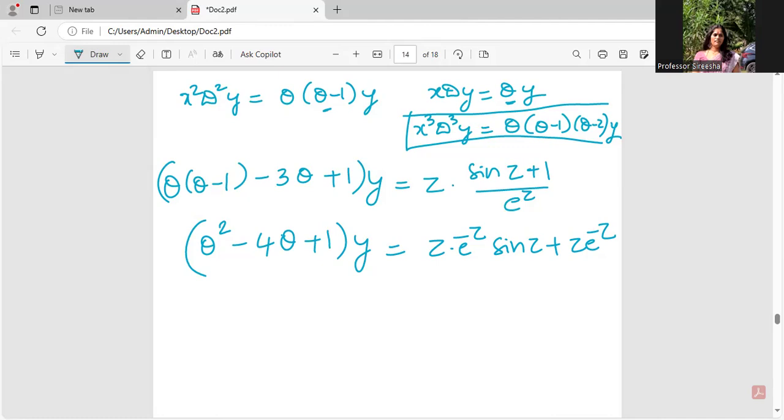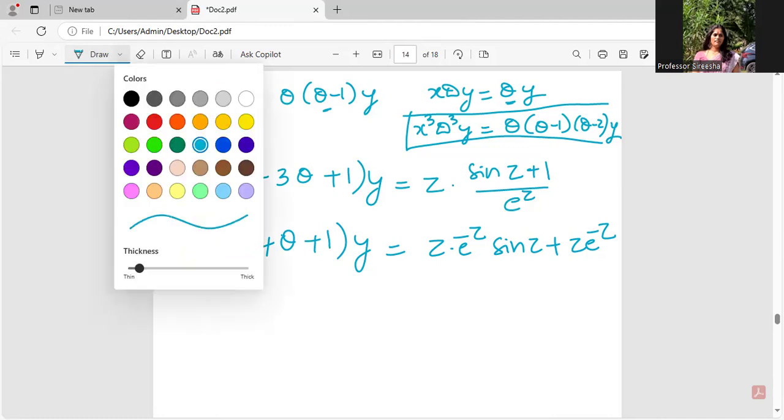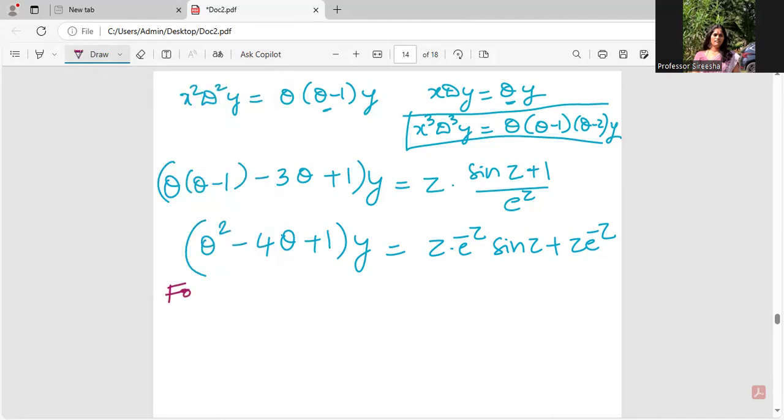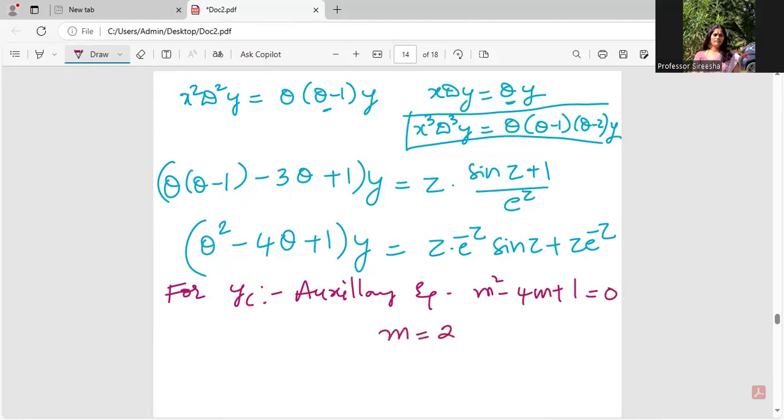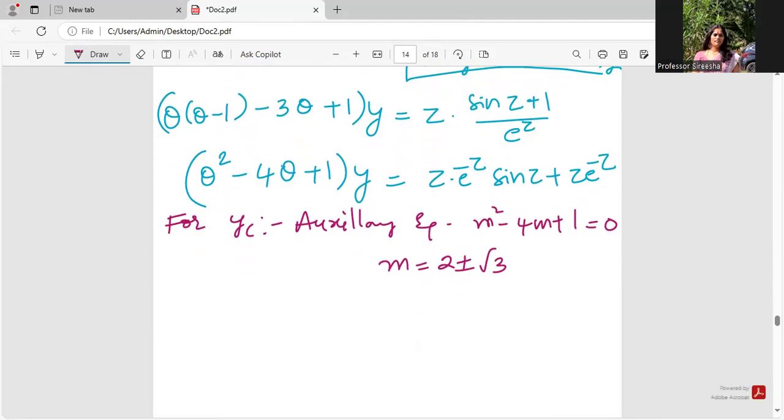Now for yc, what should I do? I'll be finding yc. I'll be writing the auxiliary equation. What's that? m squared minus 4m plus 1 is equal to 0. So the roots are something like m is equal to 2 plus or minus root 3. If you give it to a calculator, you will be getting decimals, guys.